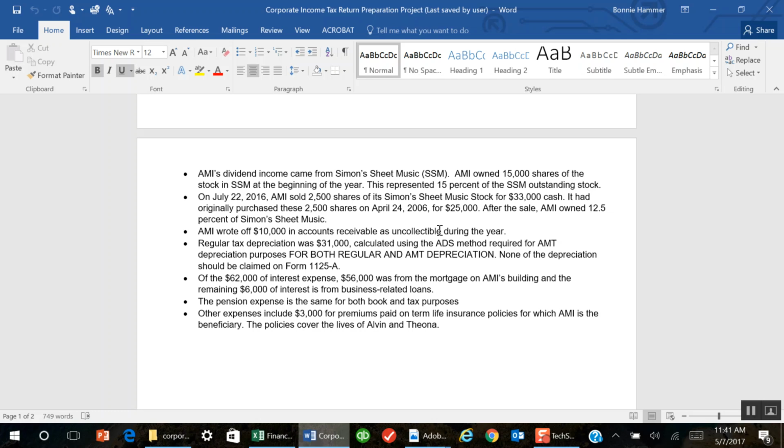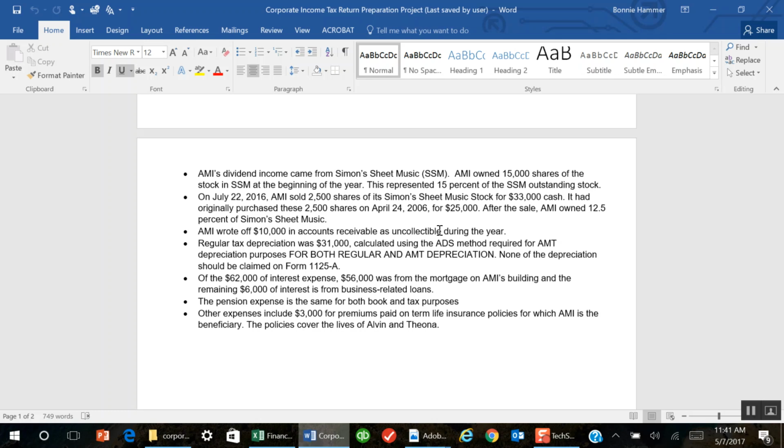So 33 minus 25 is 8. That's the capital gain. There's no such thing as a capital gain for book purposes, because they don't distinguish for book purposes between capital gains and ordinary gains. It would just be called a gain on your books, and it's $8,000 for book purposes.